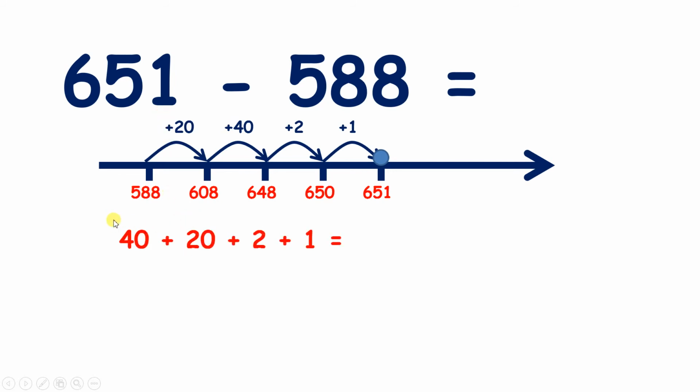So we added 40, 20, 2, and 1. 40 and 20 makes 60, 2 and 1 makes 3, so altogether we added 63. So 651 minus 588 equals 63.